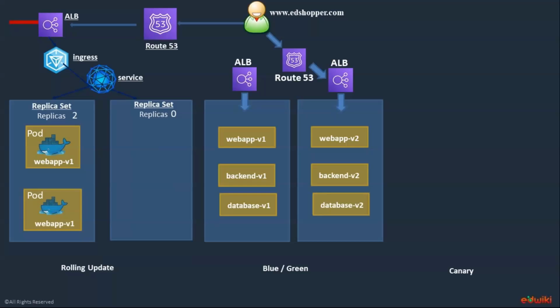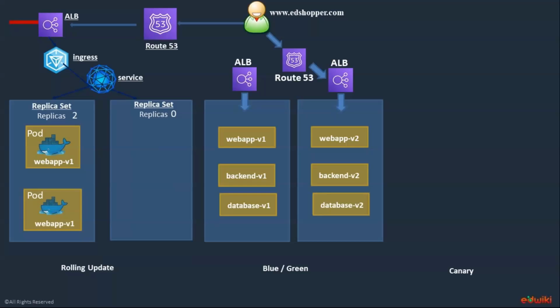Whichever version is currently serving the traffic, I'm calling it green. Whichever version is still there but not serving the traffic is called blue. That's why it is called a blue-green environment or blue-green strategy. You take the decision at the Route 53 level.